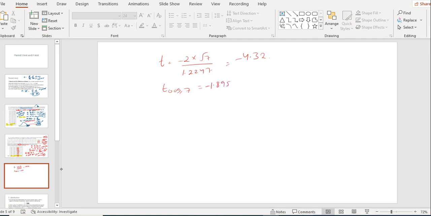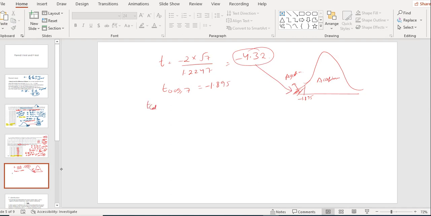Now because it is the left tail test, right, this is the critical value minus 1.895. This is the acceptance region and this is the rejection region. And now because this value is less than minus 1.895, definitely this value falls in the rejection region.